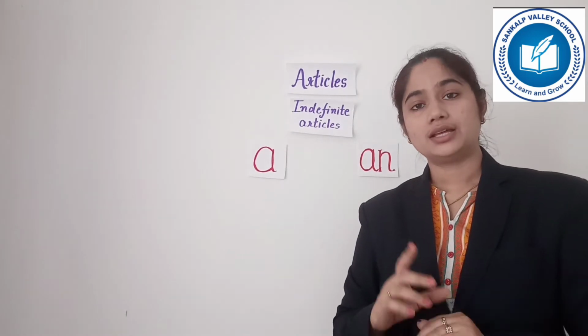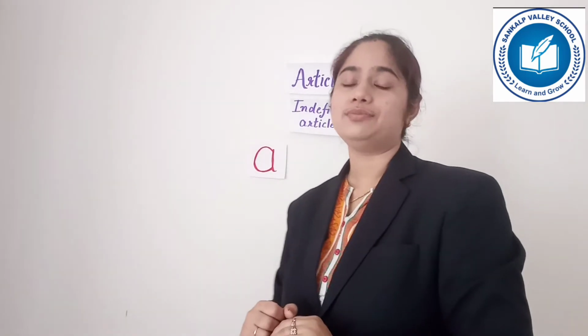So before starting that, let me ask you, do you remember the 5 vowels in the alphabet? That is A, E, I, O, U, right? Now, do you remember the vowel sounds? A, E, I, O, U. So you have to remember these 5 sounds.